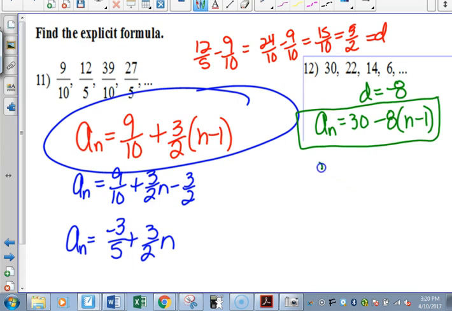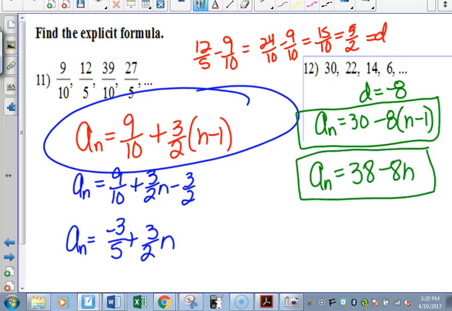Anybody simplify that? So now if I want the 52nd term, what do I put in? 52, right? Because 52 is n. If I wanted the 52nd term, it didn't say it. Yeah.